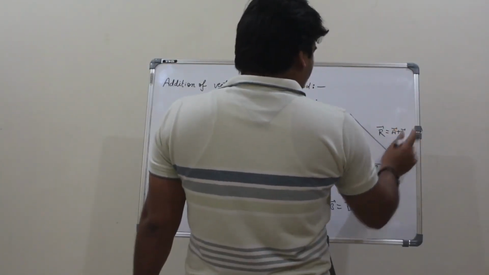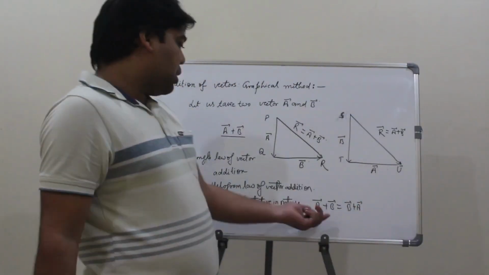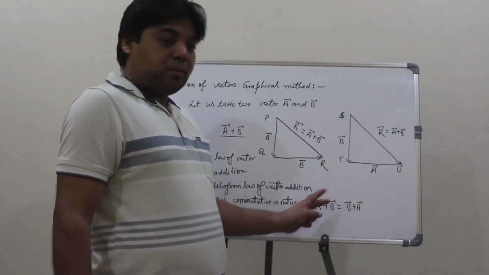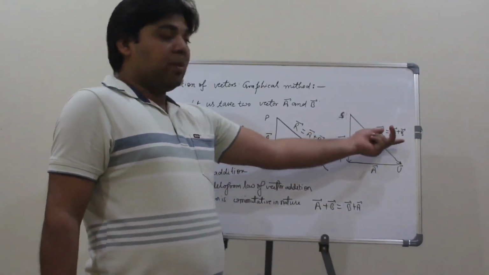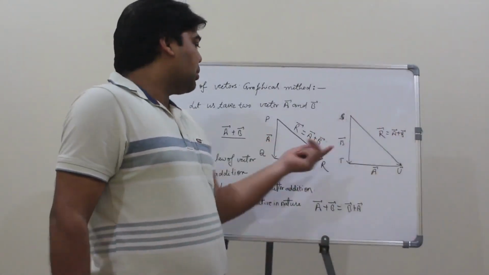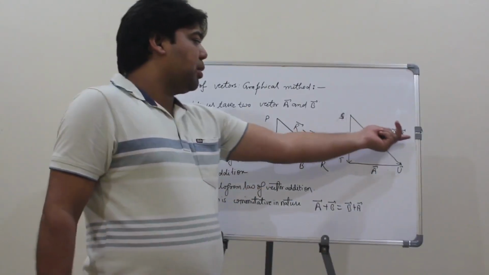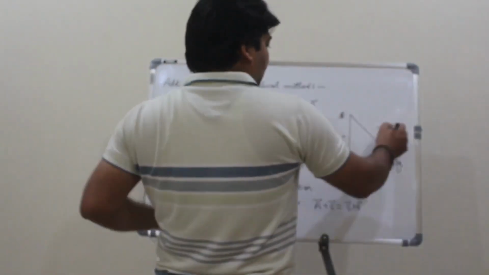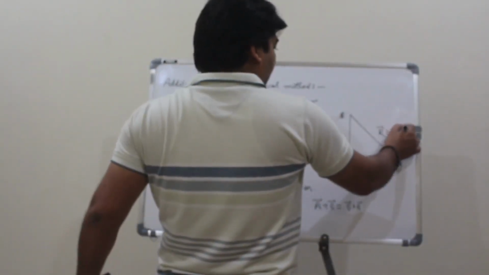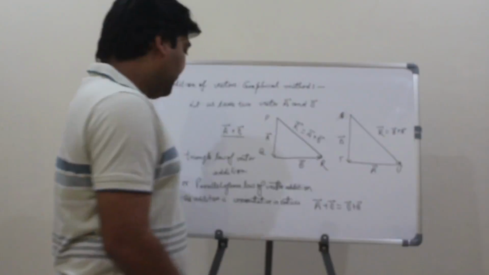So you can see the resultant vector remains the same independent of the order of addition. R equals A plus B, and R equals B plus A remains the same as R equals A plus B.